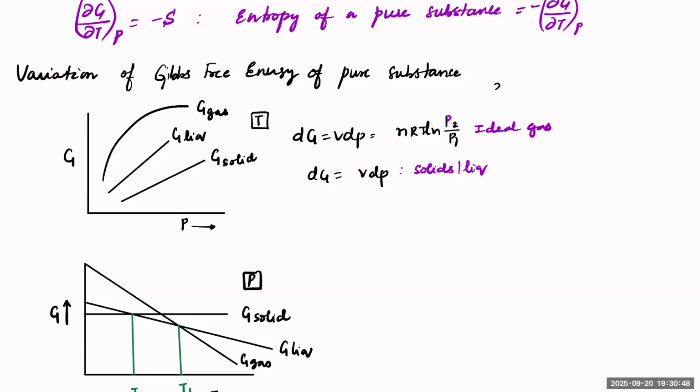Usually solids will always have a lower volume. So at a constant pressure, gases must have a higher free energy, and that's what these graphs represent. For gases, the free energy would always be at a higher value compared to liquids and solids at a particular pressure.